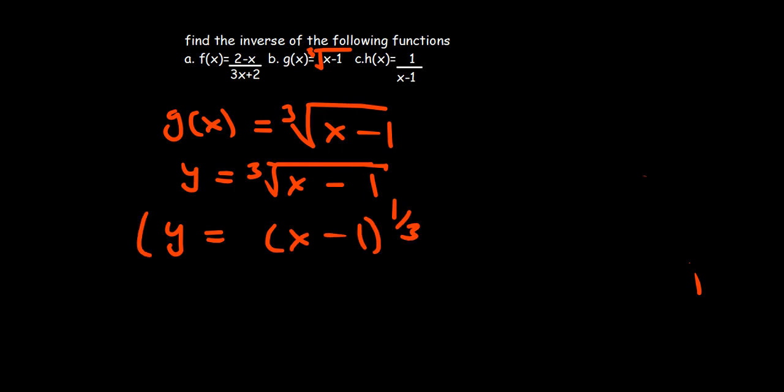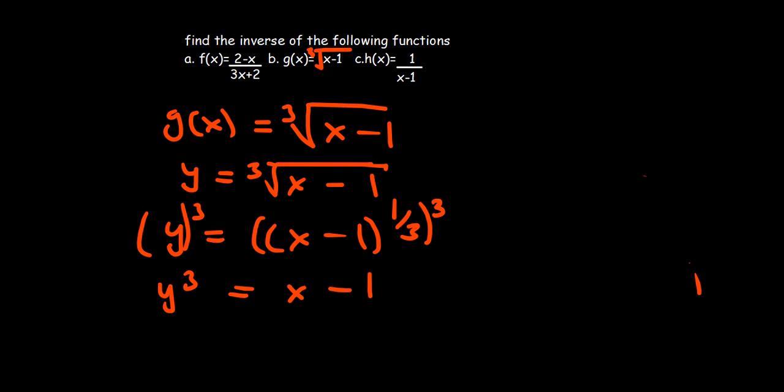Then you cube. To get rid of that cube root, you raise to the power 3 on both sides. Then you have y cubed equal to, so the cube and the cube root cancel, and you just have x minus 1.